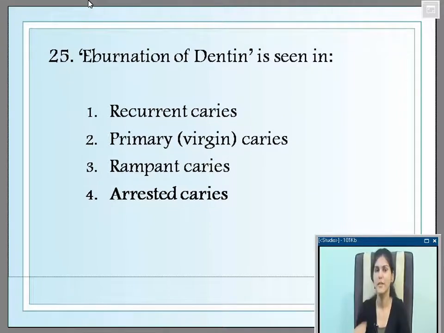The next question is on hibernation of dentine. Now, hibernation of dentine is, as we all know, seen in arrested caries. Why does the caries get arrested? Like we all know, dental caries is a progressive disease.